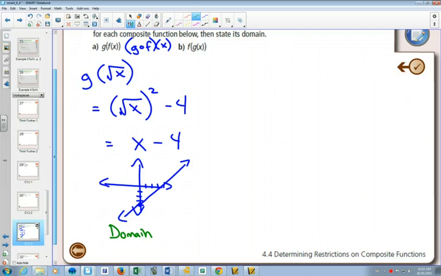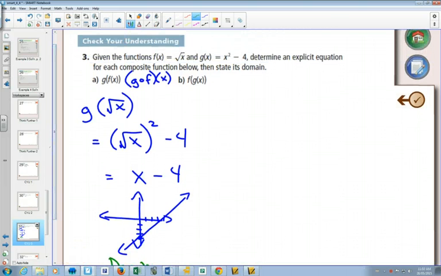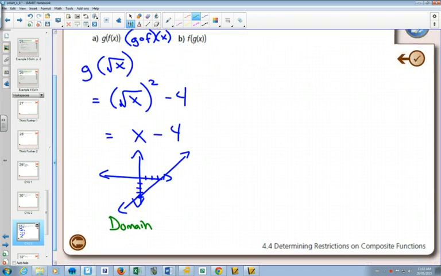Because if you put a negative number in the beginning, that first has to go into f of x, and f of x is taking the square root of any number. So we can't have any negative numbers, so our domain is x has to be bigger than or equal to 0. So as far as the graph, we've drawn x minus 4 here, but the actual graph would start at x equals 0 and just include those positive parts. So it wouldn't be the entire line. It would just be the line when x is bigger than or equal to 0.